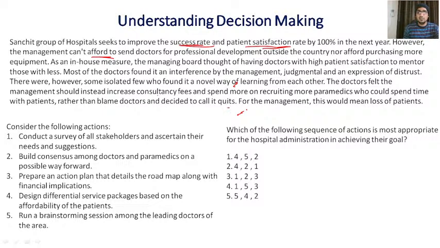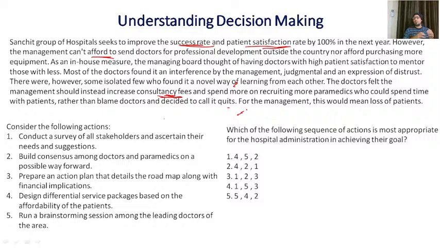Okay, so what they are proposing is to increase the consultancy fees. Consultancy fees is what? The fees that you charge to the patient. So what they are saying is, increase that amount, use that amount and spend more on recruiting more paramedics who could spend more time with the patients rather than blame the doctors, and decided to call it quits. So these doctors are suggesting you charge more money to the patients, use that money to hire more helping hands.